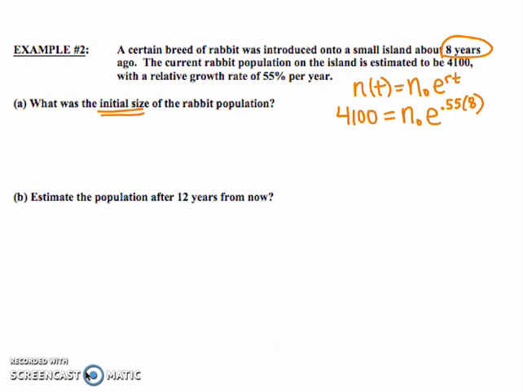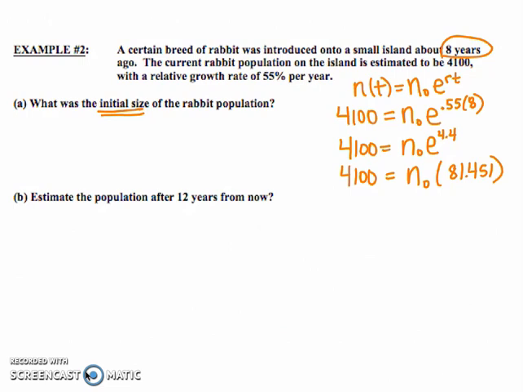That's going to give us 4,100 equals n naught times e to that power. Actually, I just did the exponent. I did 0.55 times 8. That gave me 4.4 as my exponent. Now I can evaluate e to the 4.4 power. So that gives me 4,100 equals n naught times e to the 4.4, which is 81.451.